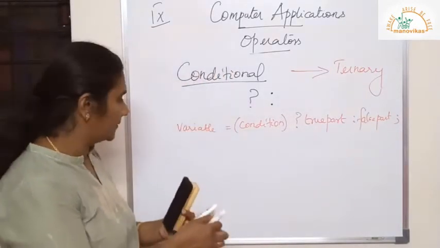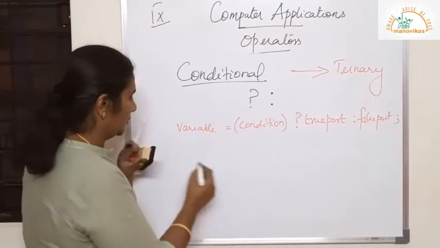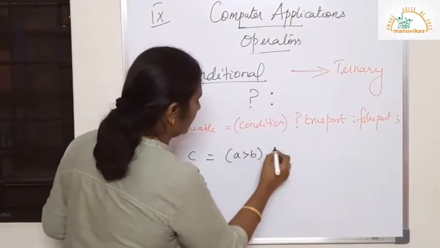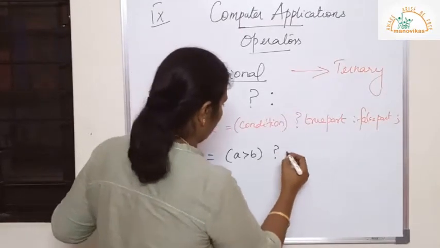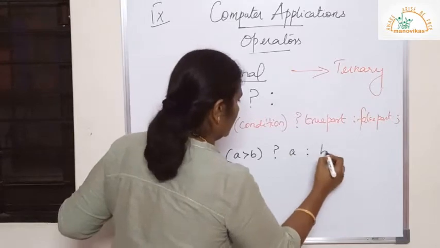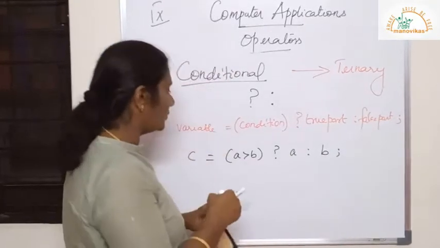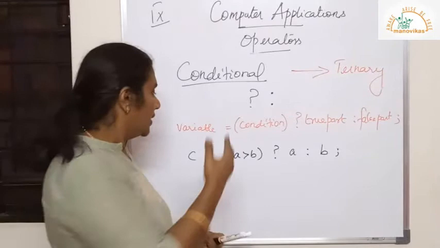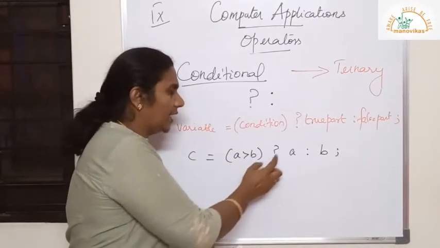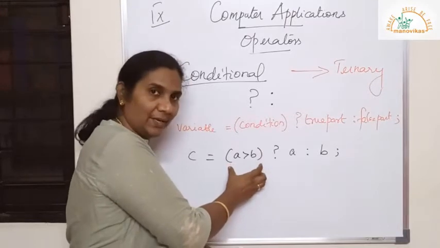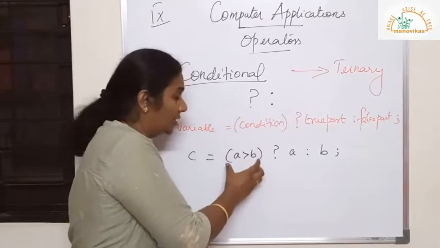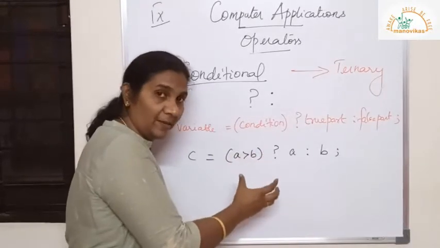For example, here I have written C equal to A greater than B question mark. That means this part will be done and the result will be checked. Is A greater than B?